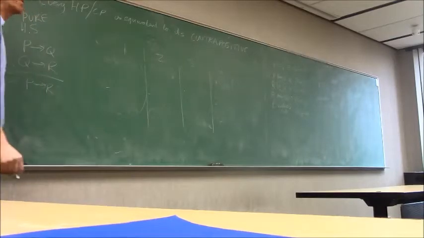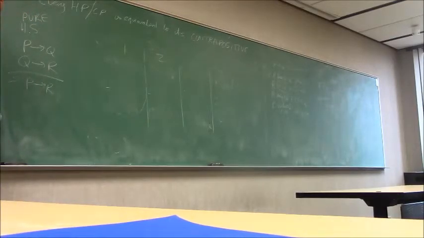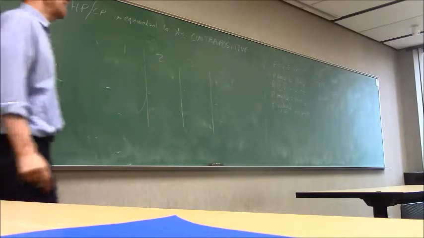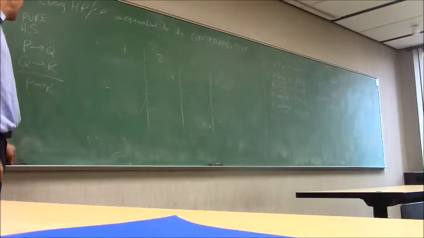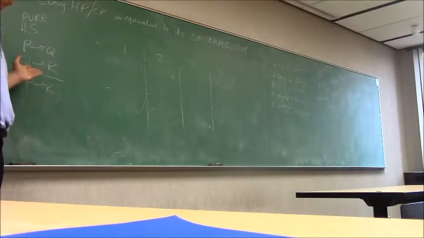Remember I told you that hypothetical propositions are like A-type categorical propositions. Well, that would make this like an AAA1, which of course is valid. Only I have to change one thing.